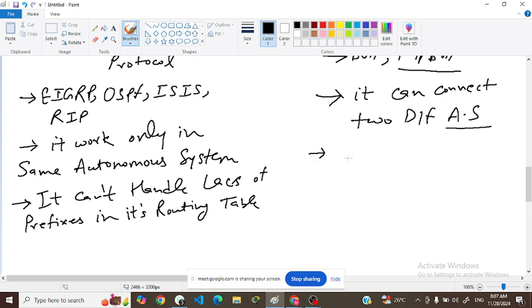An EGP can handle lakhs of prefixes, more than 1 lakh, 2 lakh prefixes in its routing table.